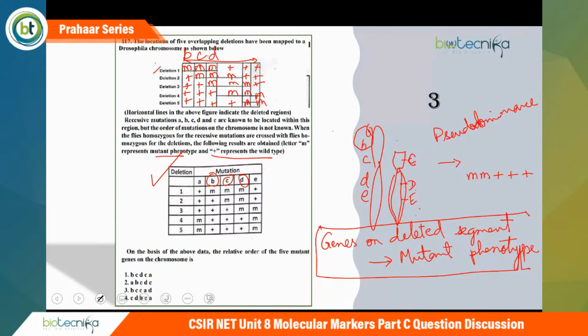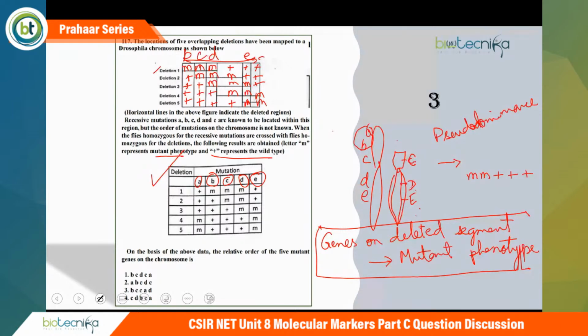Here we do not have any gene out of A, B, C, D, E showing that pattern, which means none of them is present here. Go to the next column. It is saying plus plus M M M, which is shown by E, so E will come here. And the last one is plus plus plus M M, which is shown by A, so A will come here.